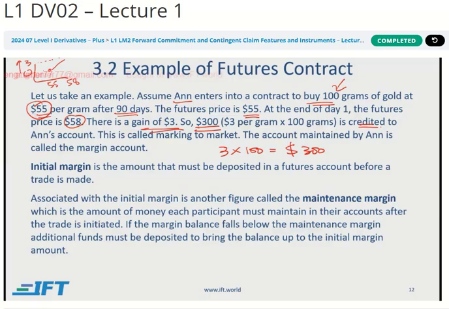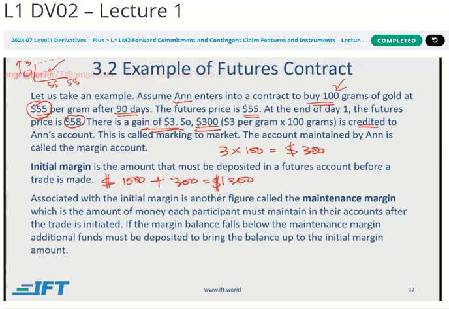Now let's say Anne had initially deposited an initial margin of $1,000 in her futures account, right? The futures account will be credited by $300 and her margin will be looking like $1,300.